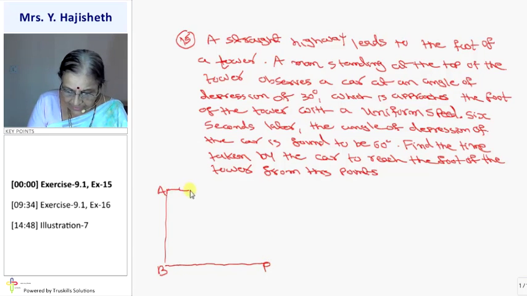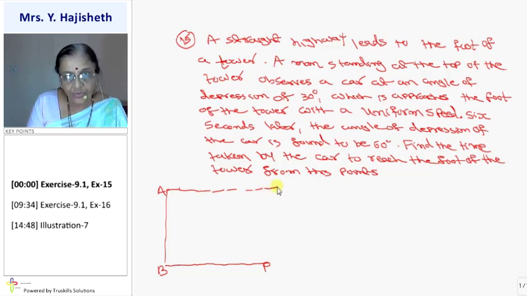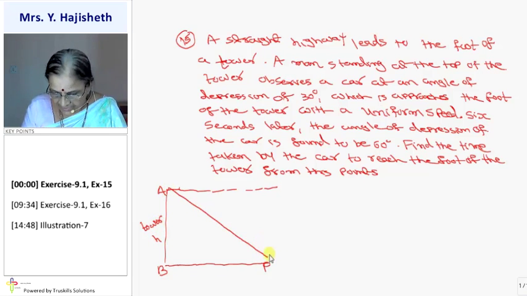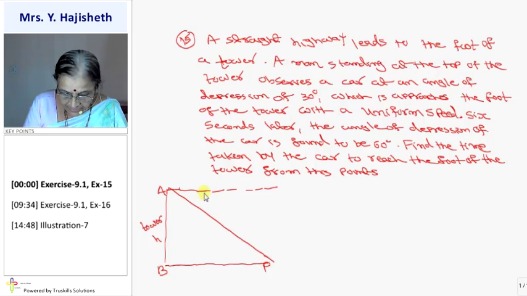The angle of depression from the top of the tower, this is tower with height h, and from top of the tower the angle of depression of this car at P is given as 30 degree.